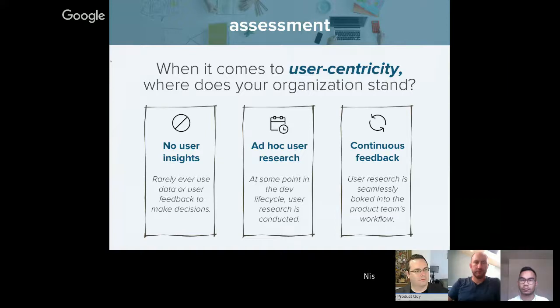So when it comes to getting user feedback and doing these sort of prototype tests or just shipping and learning, whatever it is, organizations are in a couple different phases of maturity, or whatever you want to call it.